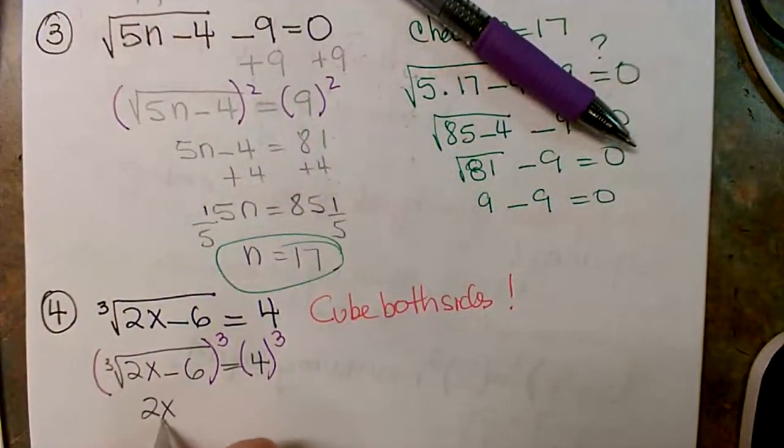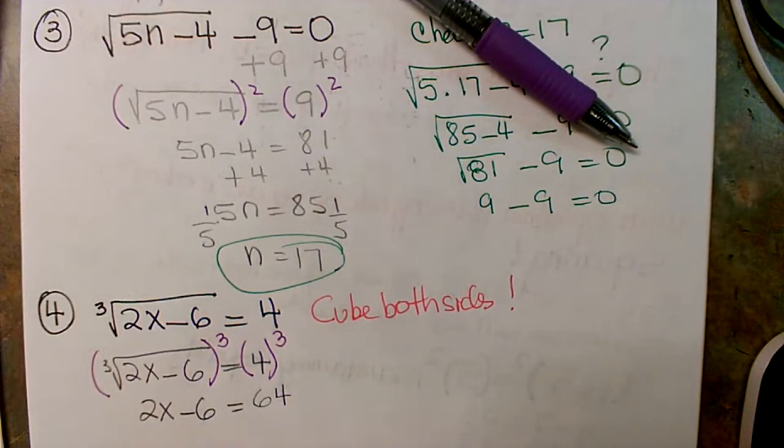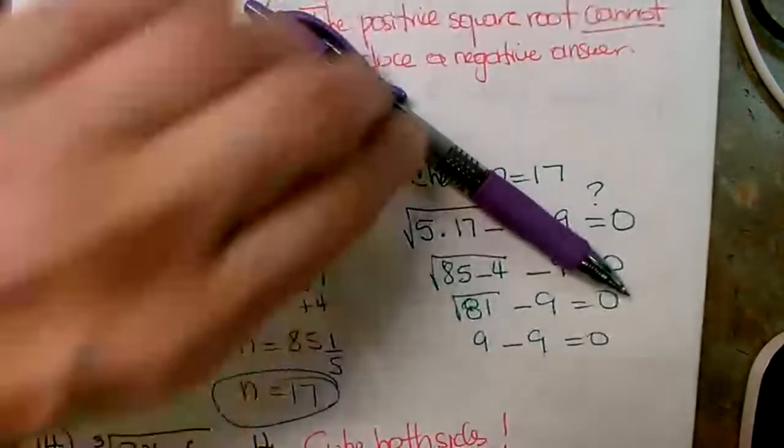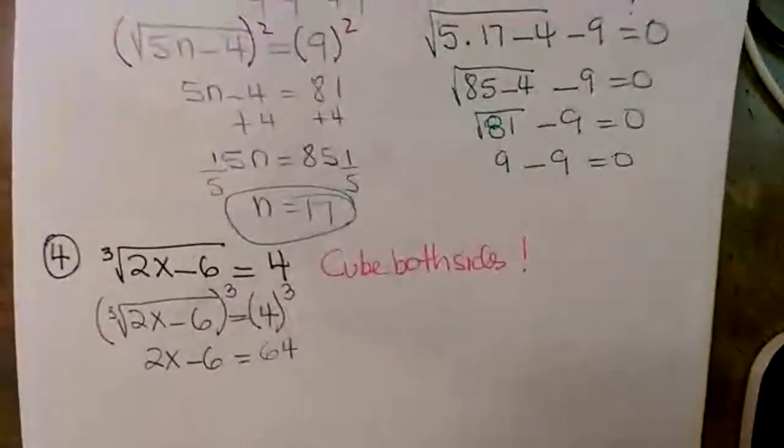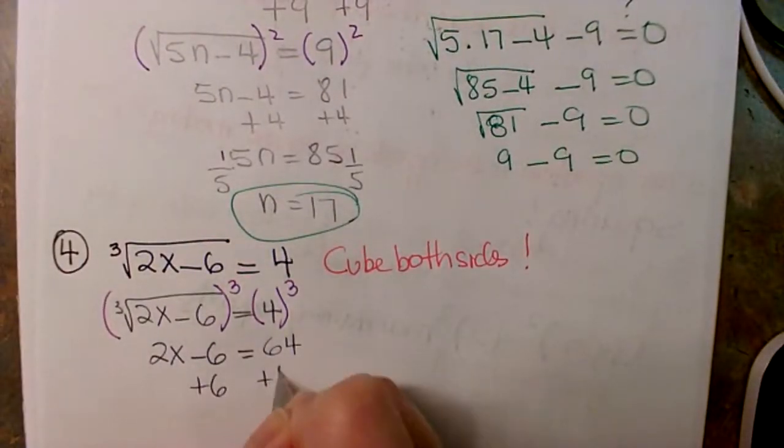So I get 2x minus 6 equals 4 cubed, 4 times 4, 16 times 4, 64. Plus, let me add the 6.